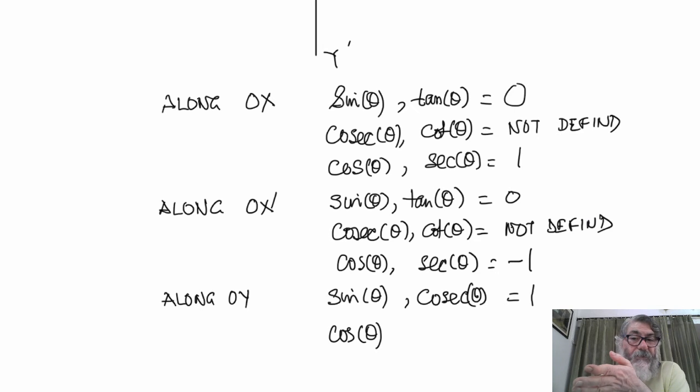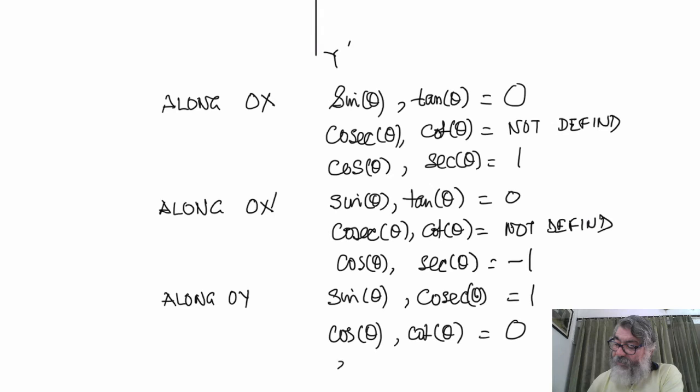Cos theta is 0, and cos theta upon sin theta is cot theta. So cos theta and cot theta will be 0. And the opposite of cos is sec theta, and the opposite of this, tan theta, will be not defined.